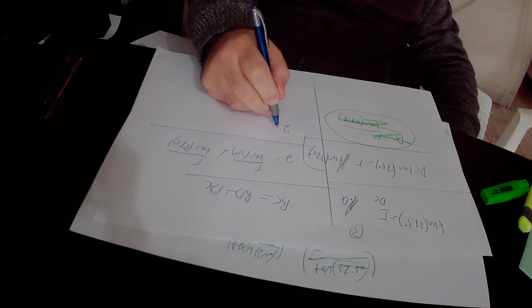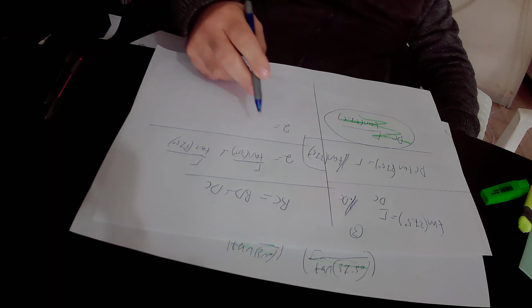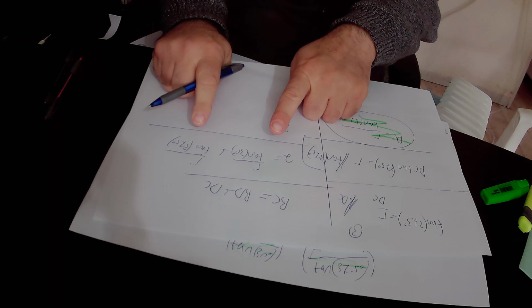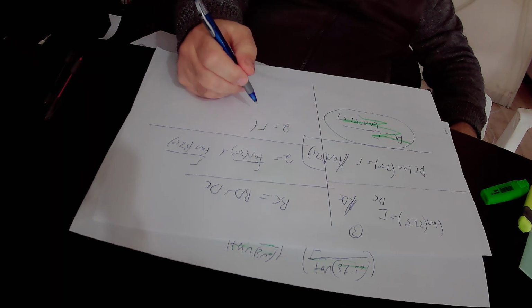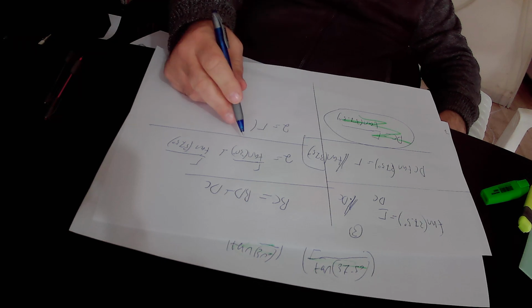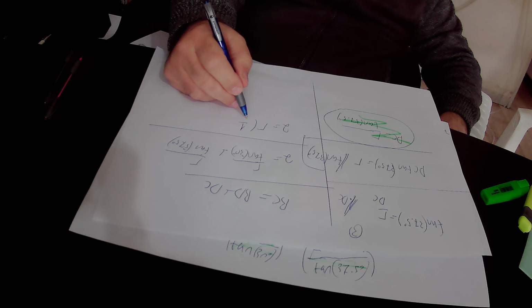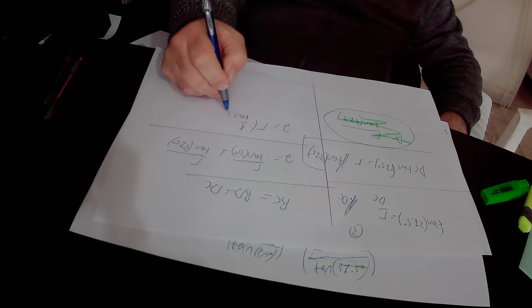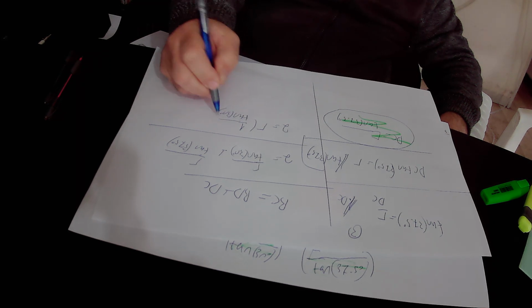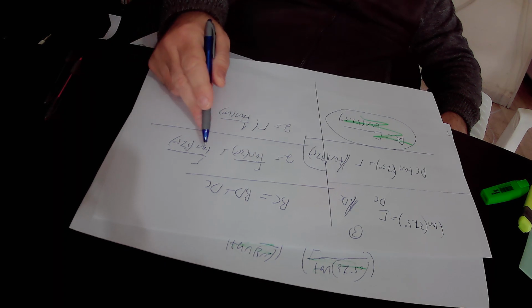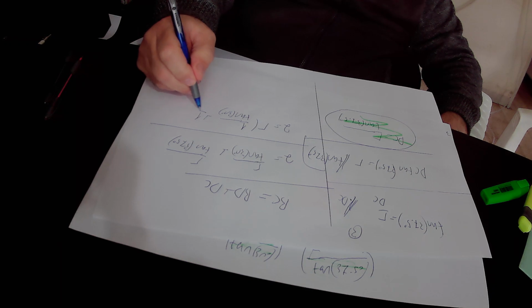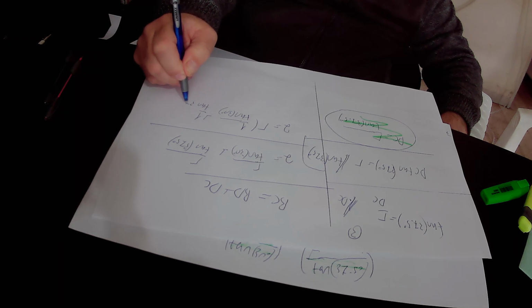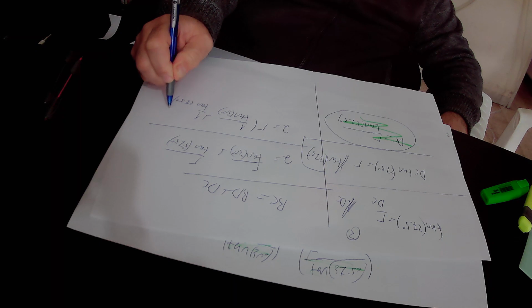So 2 equals, here we take R out as a common factor from those two expressions. Inside the brackets, we are left with 1 over tangent 30 degrees plus 1 over tangent 37.5 degrees.